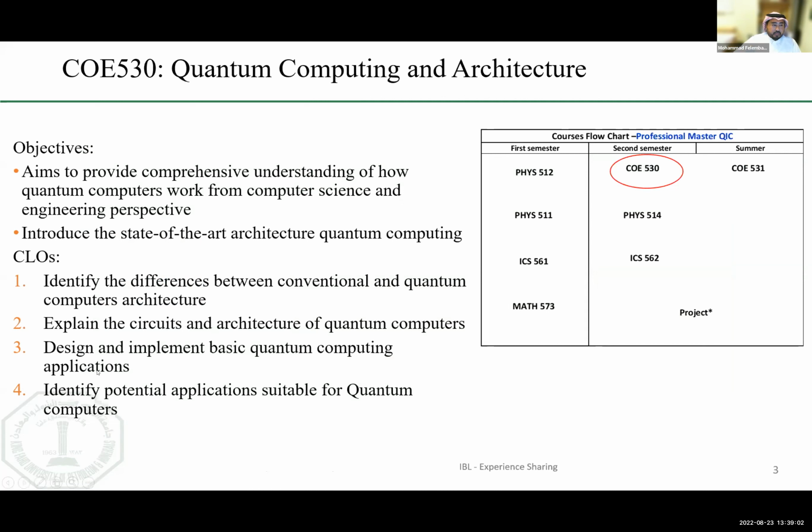The activity is basically identifying the potential applications suitable for quantum computers. As you know, quantum computing is an emerging computing field, and often there is this misconception that quantum computers will basically replace classical computers. So the idea here is to show students that quantum computers are not meant to replace classical computers.